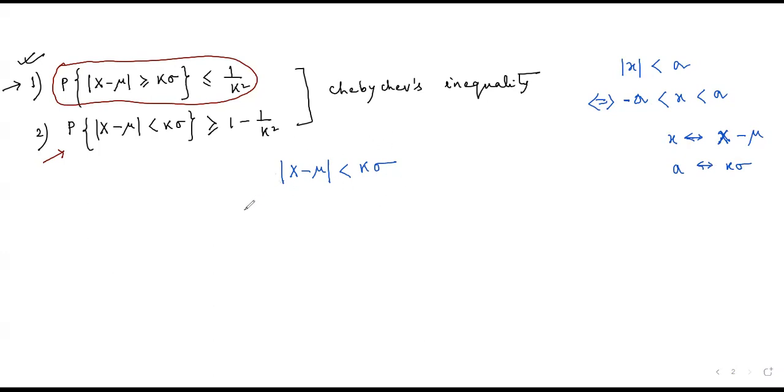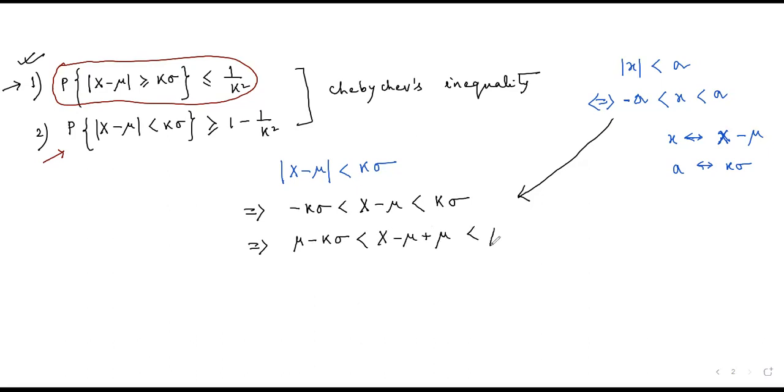This implies minus k sigma less than x minus mu less than k sigma. And if I add this quantity mu on all sides, then we get mu minus k sigma, x minus mu plus mu, mu plus k sigma, which simplifies to the following form: mu minus k sigma less than x less than mu plus k sigma.